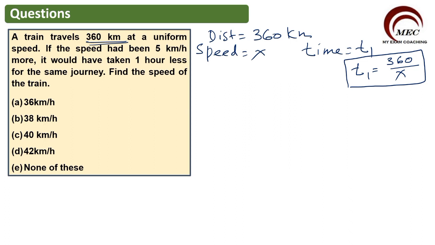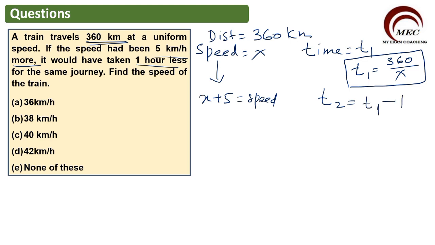What is the second condition? If the speed had been 5 kilometers more, if you increase the speed from x to x plus 5, that is a new speed, and it would have taken 1 hour less. The new time T2 will be 1 hour less, so T1 minus 1.